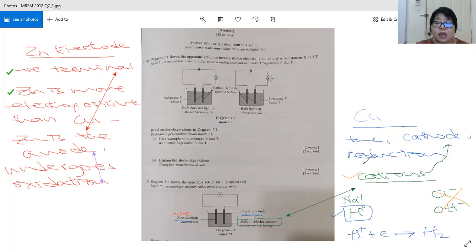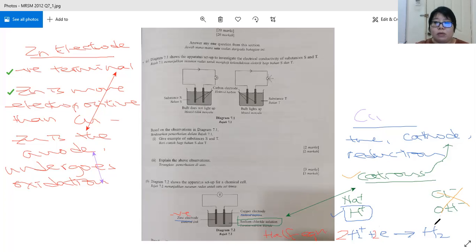Now balance up the equation. Can you see a 2 on the right hand side here? A 2, so I put a 2 here: 2H+ plus 2 electrons gives H2. This is what we call the half equation.